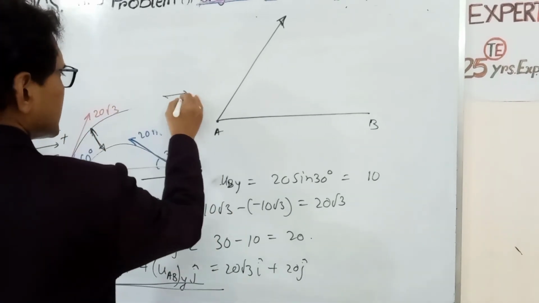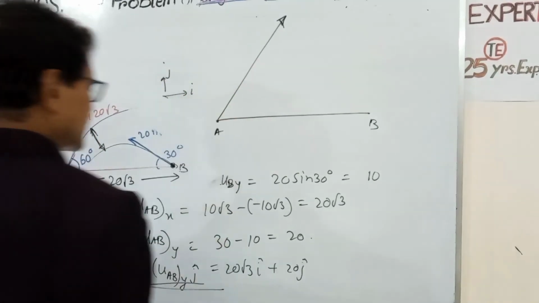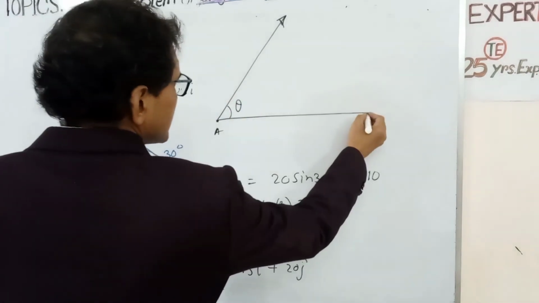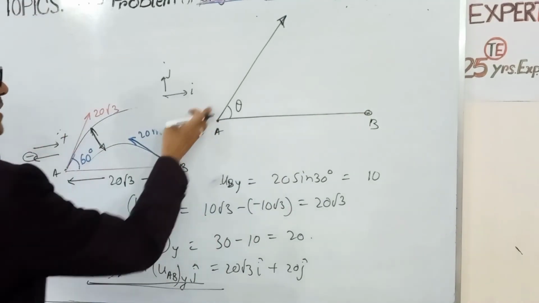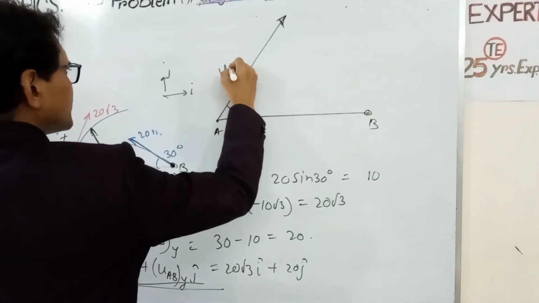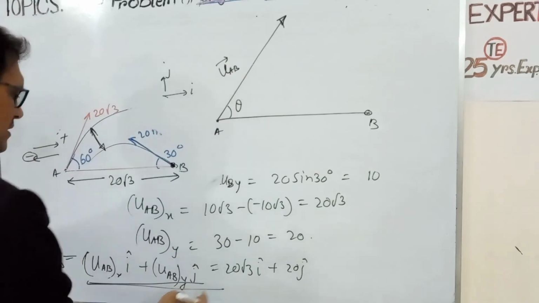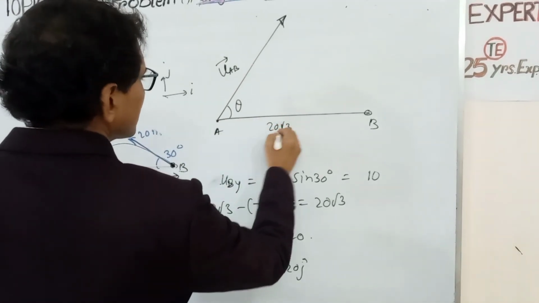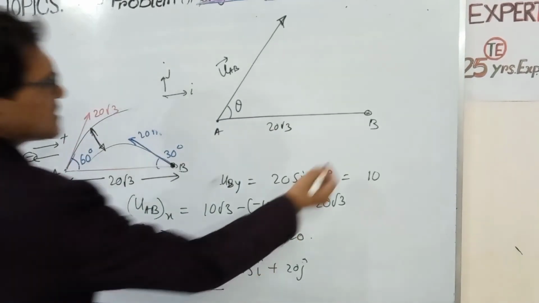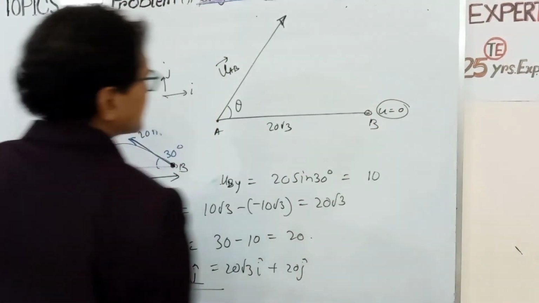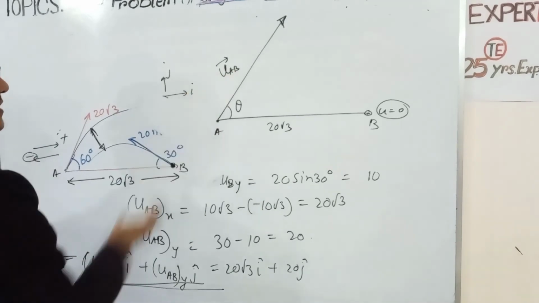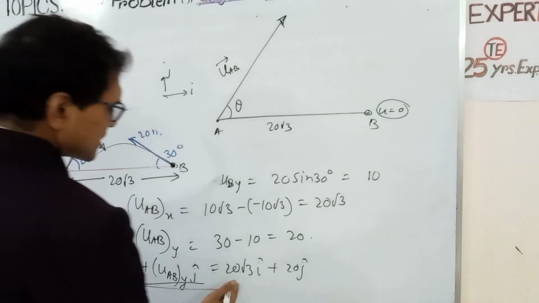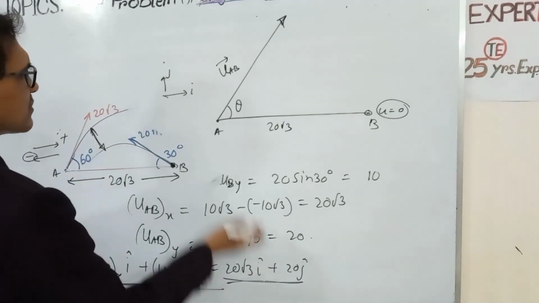If we take this as i and this as j, then in this direction, if this angle is theta, then this particle is at rest and this particle moves with this velocity. Now this distance is given, so what is the perpendicular distance? Because we get the velocity uab, this vector will be in this direction.